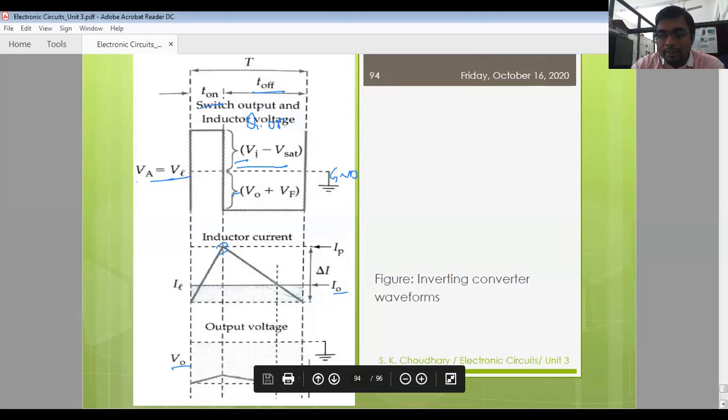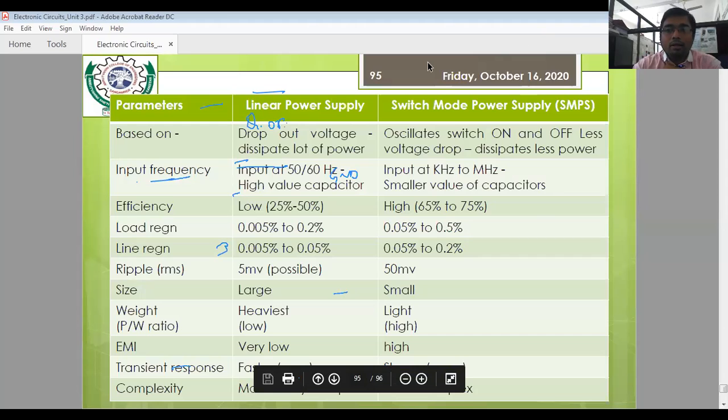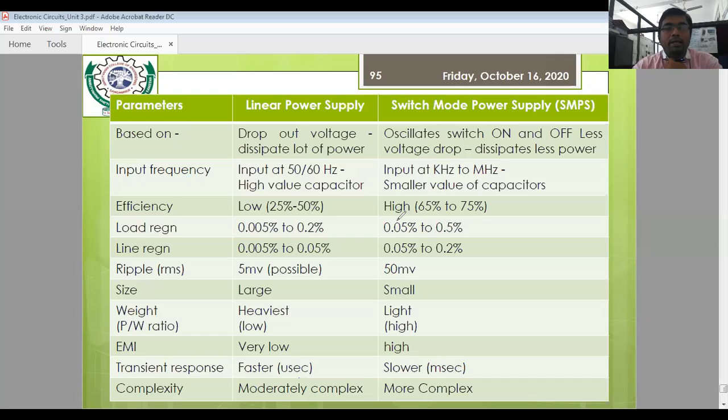At the end of this lecture, I will show you the comparison of the linear power supply and the switch mode power supply. I have taken some points on which we discuss the comparison.